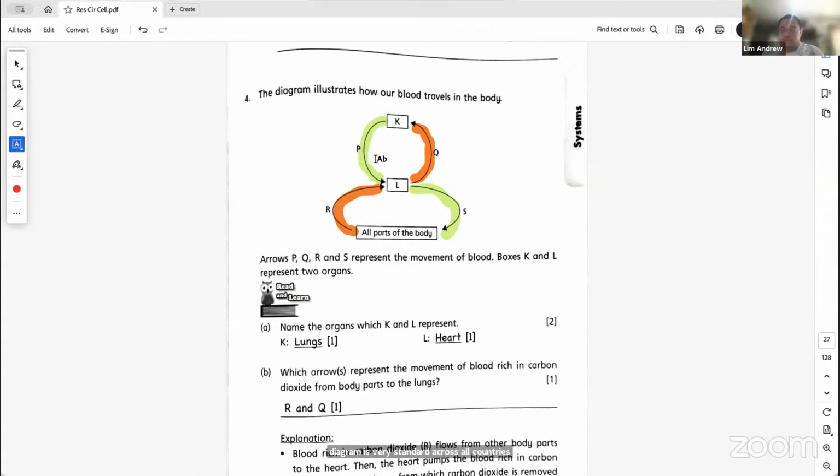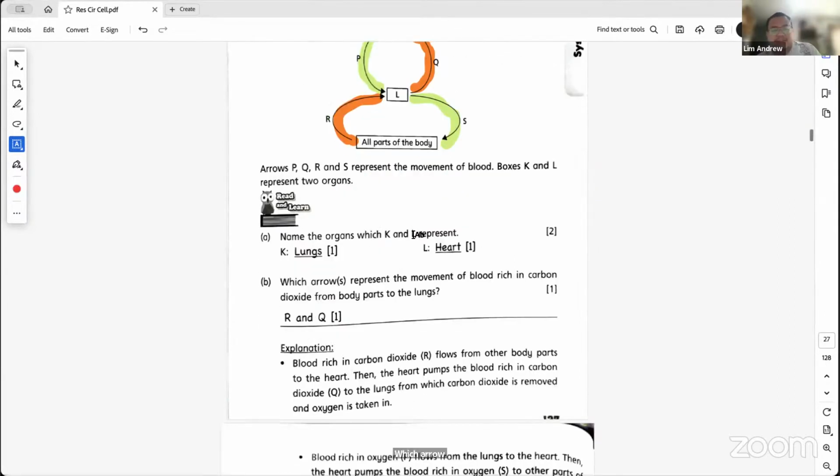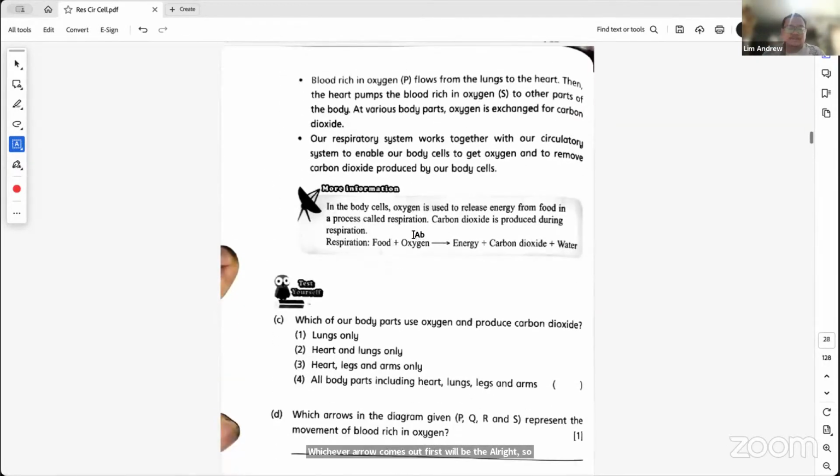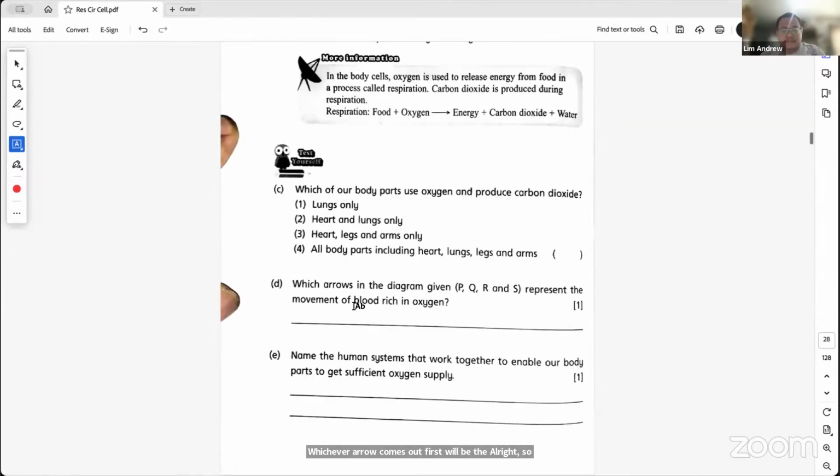No matter which country you are in, the exam question for this topic will always be the same, whereby the lung will always be at the top, followed by the heart and all parts of the body. So remember, whichever arrows go into the box will be known as the heart. Whichever arrow comes out first will be the lung. So the answer for this question is P and S.